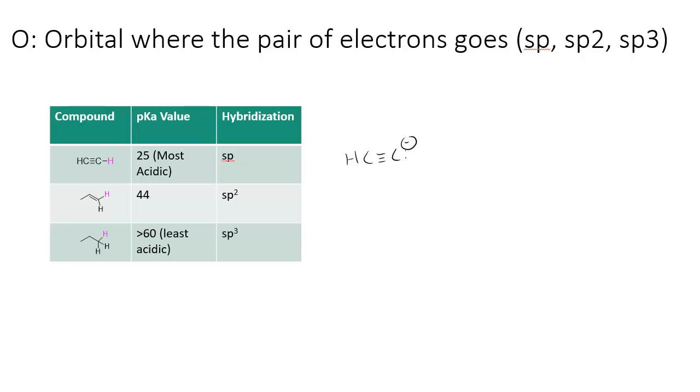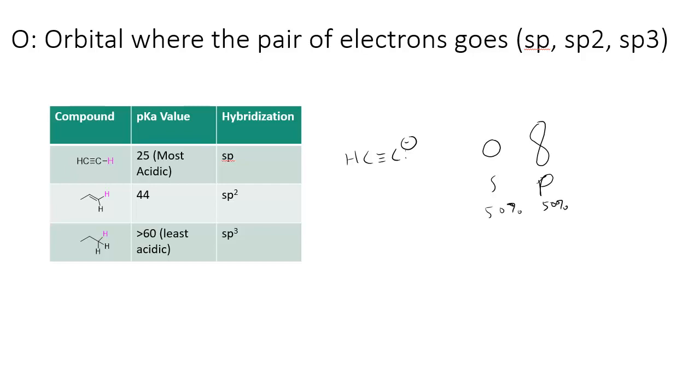Since the sp orbital is 50% s orbital, s orbitals look like that, and p orbitals look like that. So this is a p orbital, and this is an s orbital. Since we have a combination of these two, it is 50% s orbital and 50% p orbital.